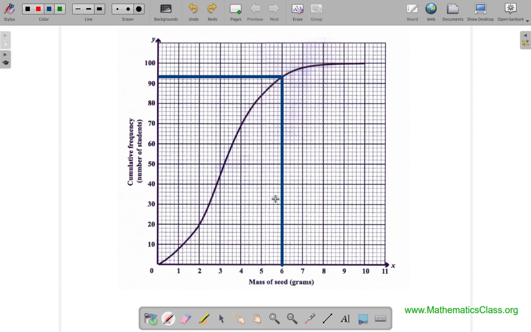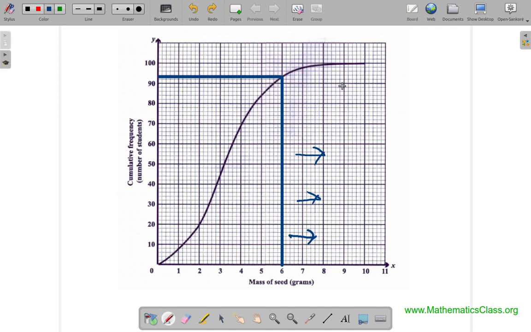So we want to find out the number of students who estimated the mass to be greater than 6 grams. Now, greater than 6 grams would be from this line going this way. It could be 7, 8, 9, 10, 11, whatever. Well, up to 10.